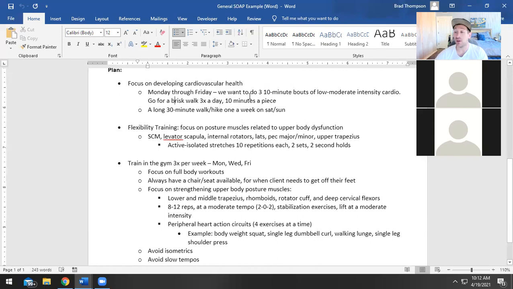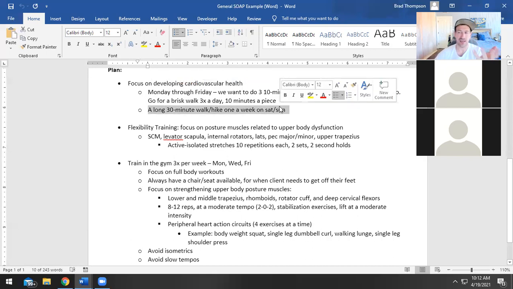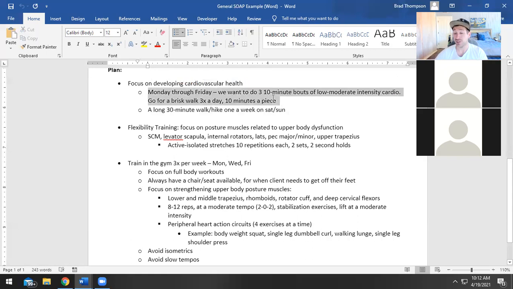And then we have one longer 30-minute walk or hike on the weekend. So this way we're definitely fitting it into their lifestyle throughout the week. But here we are getting them to adopt something a little bit more intentional, a little bit intense exercise. So we can see our frequency is pretty high, right?